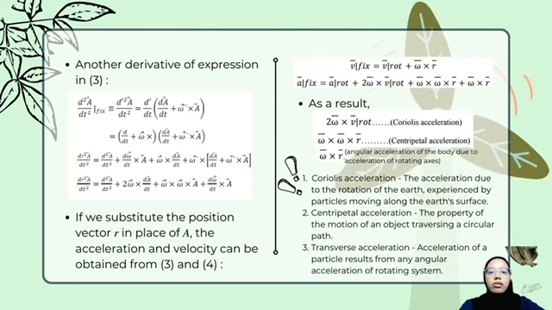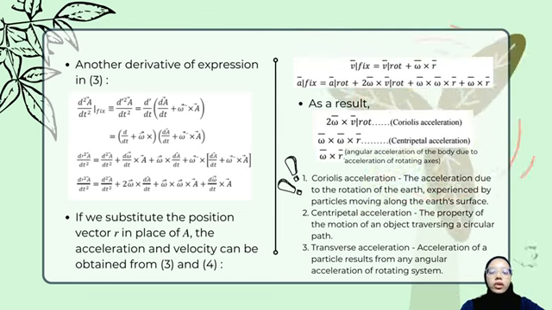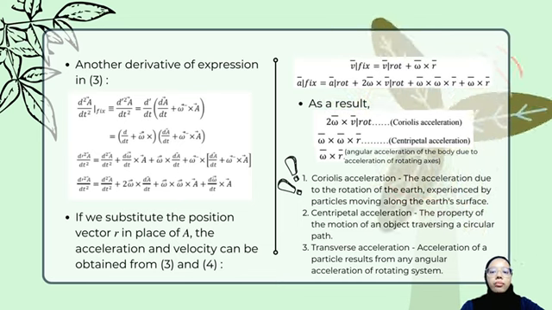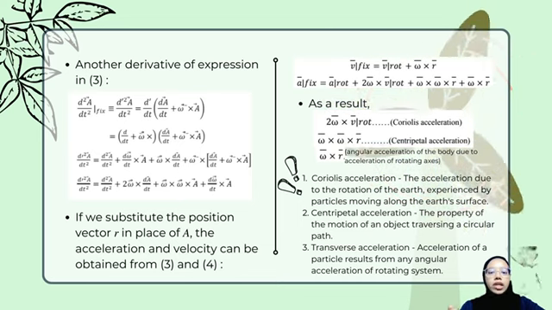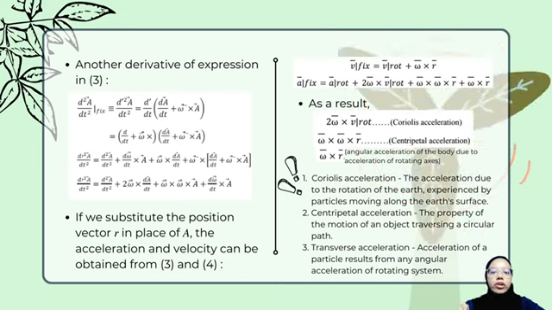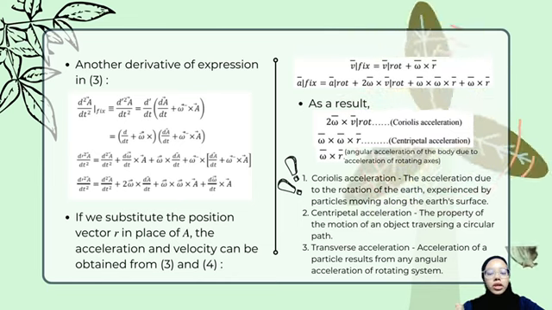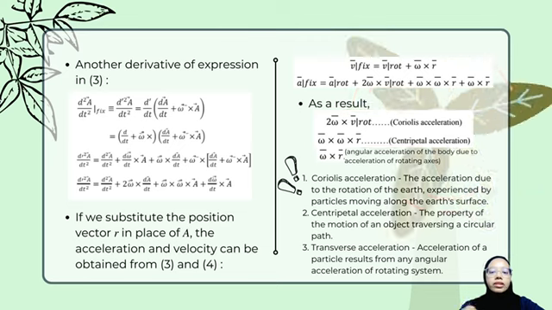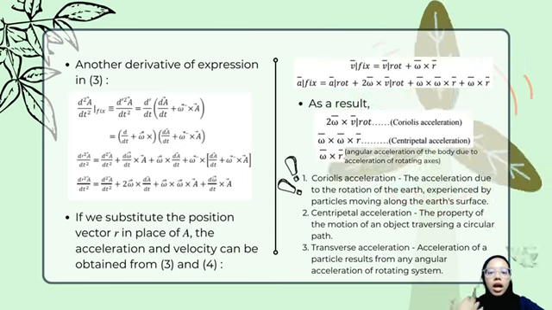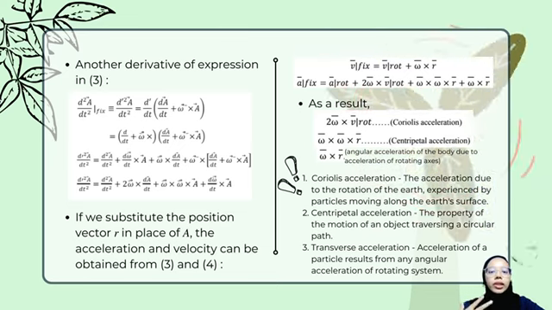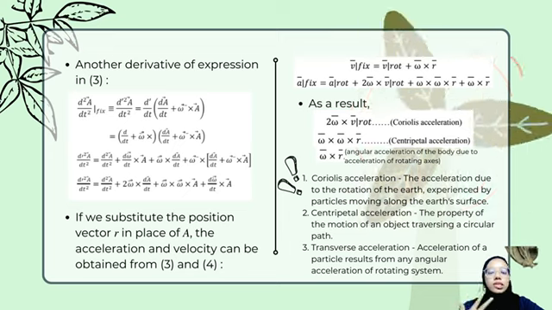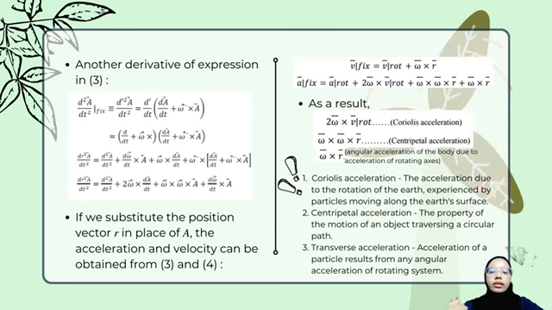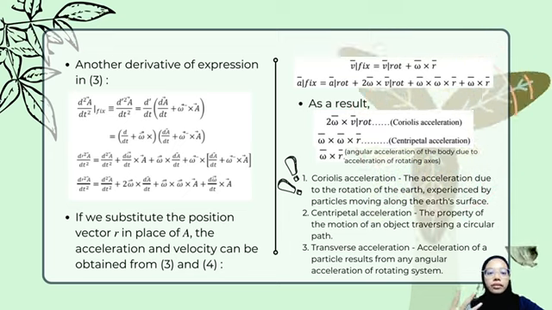As a result, for the Coriolis acceleration the equation we got is 2 vector omega times rotation vector v, and for the centripetal acceleration the equation we got is vector omega times vector omega times vector r. For the angular acceleration of the body due to acceleration of the rotating axis, the equation we got is vector omega dot times vector r.